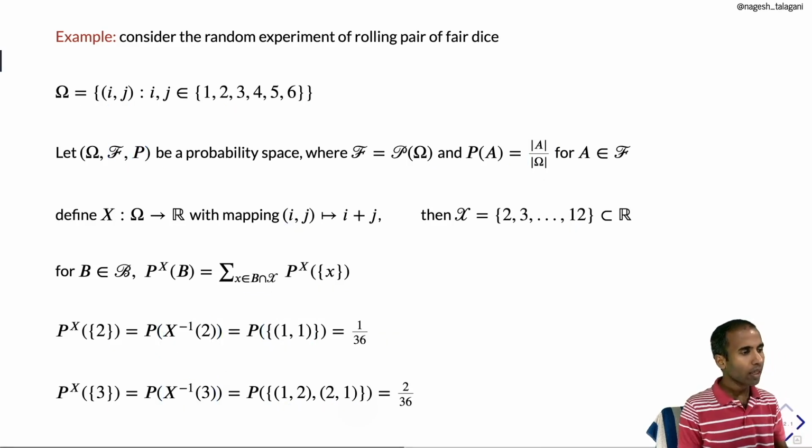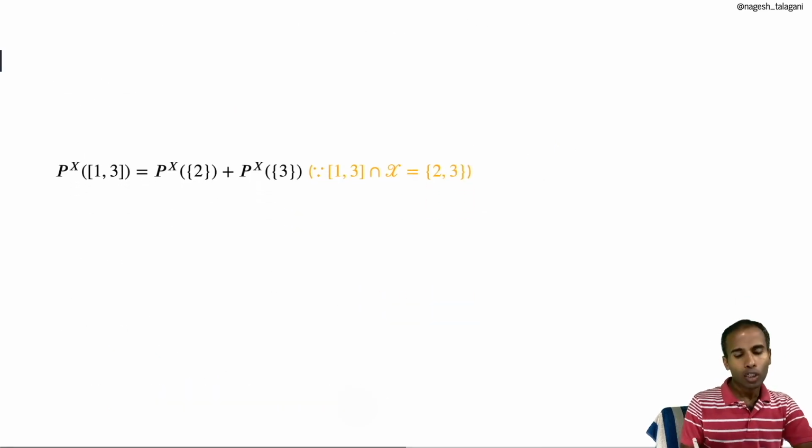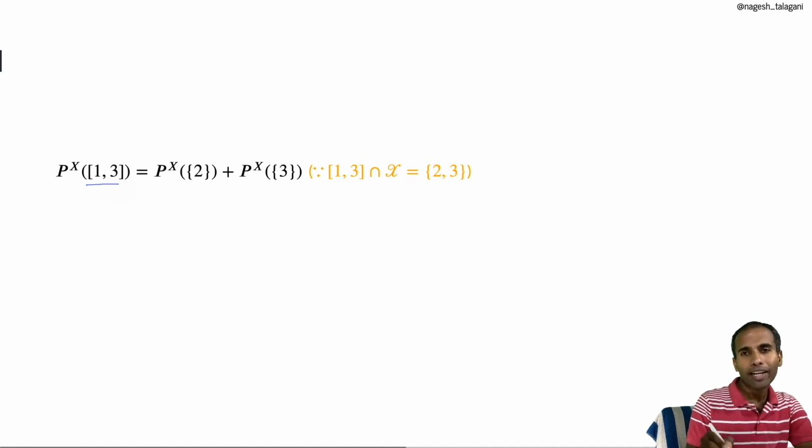Now, if you want to compute the probability of the closed interval [1, 3] under this Px, we know it is the sum of the probabilities of singleton x, where x varies over the closed interval [1, 3] intersection script X. The closed interval [1, 3] intersection script X is the set consisting of 2 and 3, so the summation varies over 2 and 3.